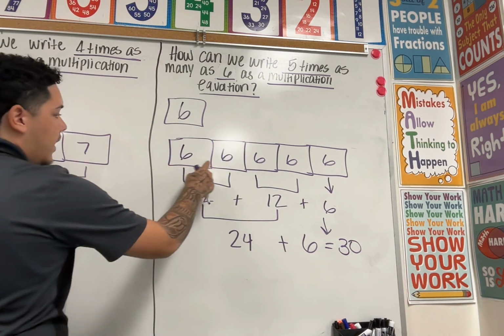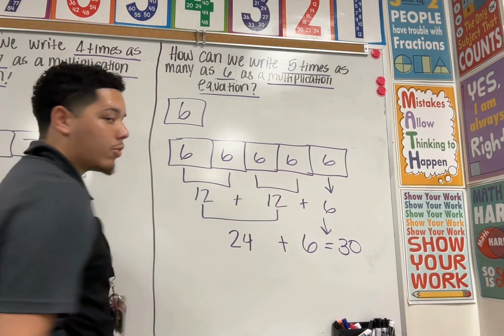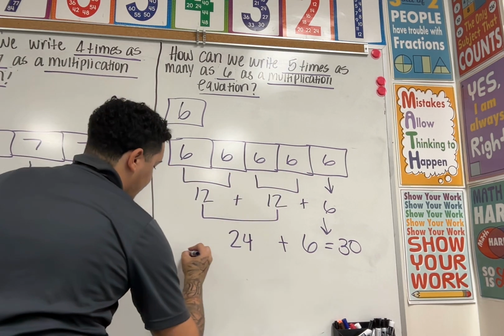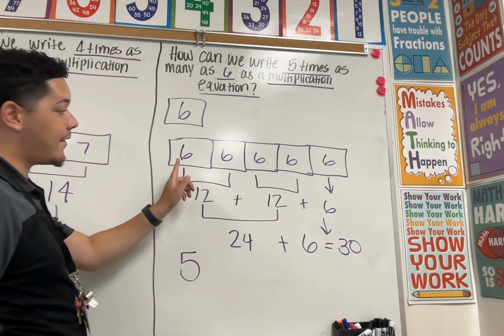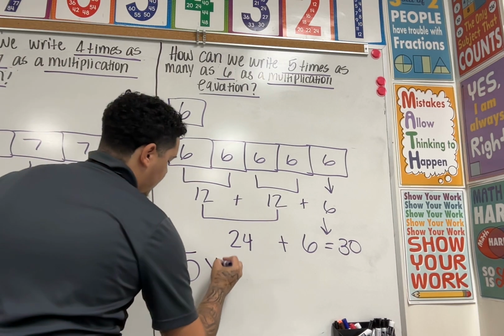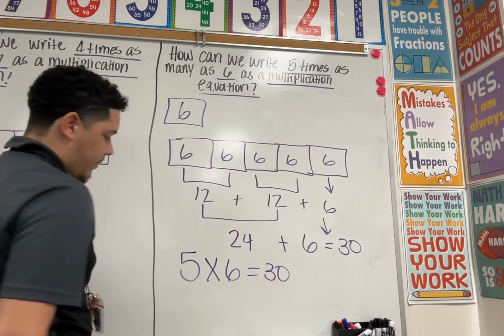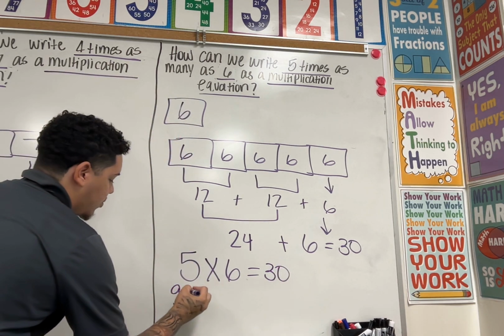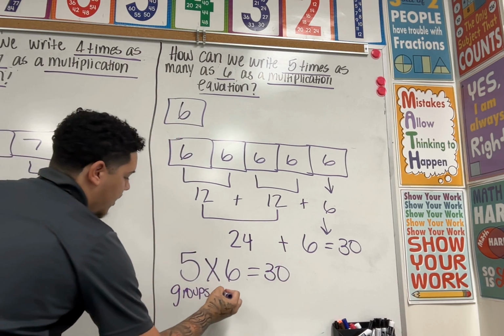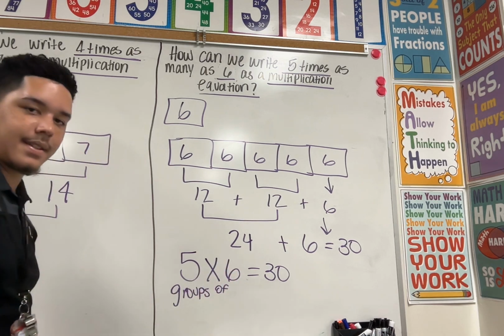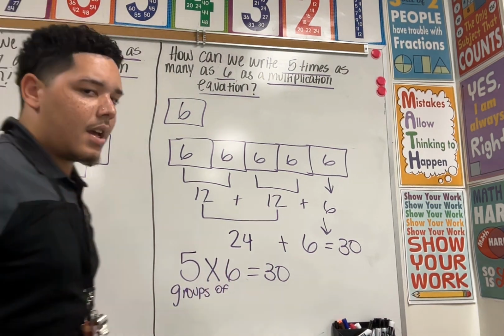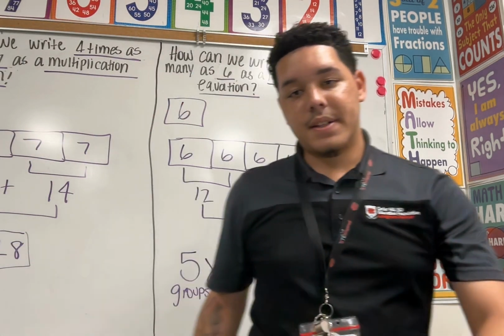We have 1, 2, 3, 4, 5 groups. 5 groups. So that's going to be 5 times what? 5 groups of what? Times 6 equals 30. So this is 5 groups of 6.